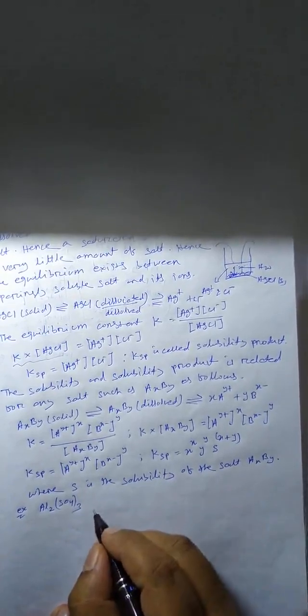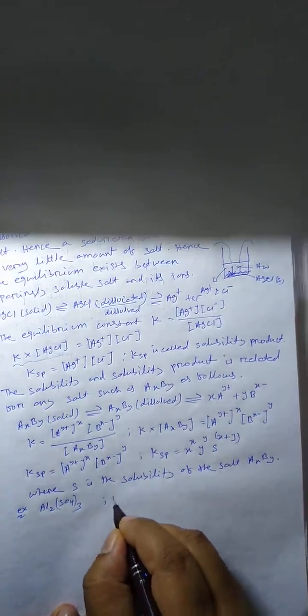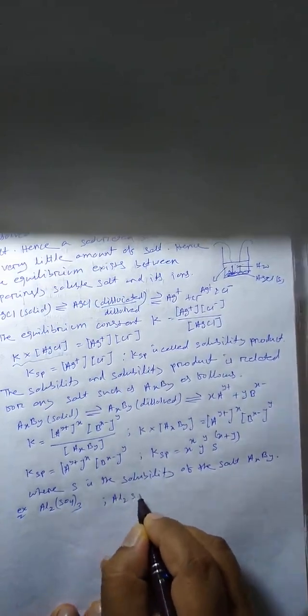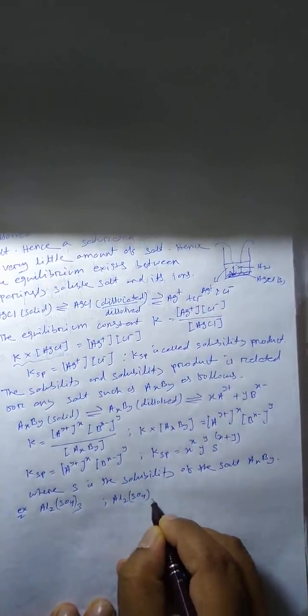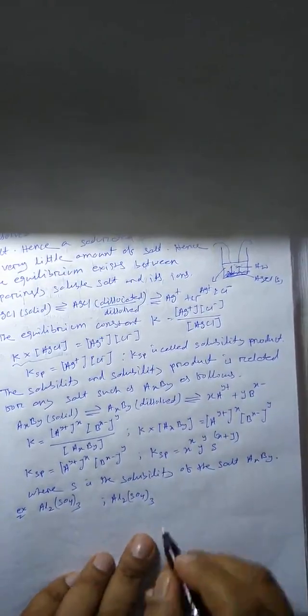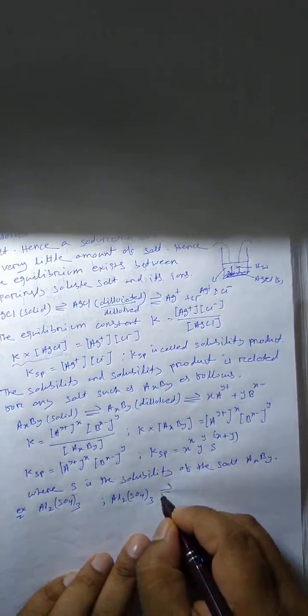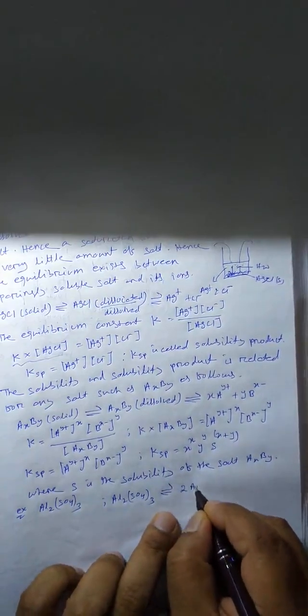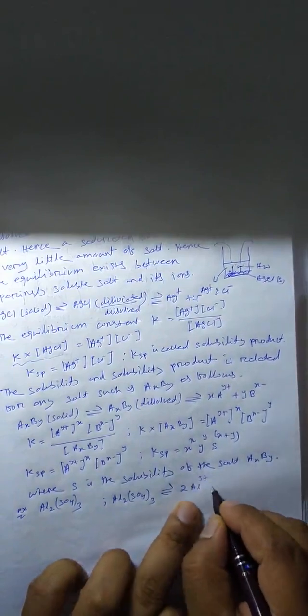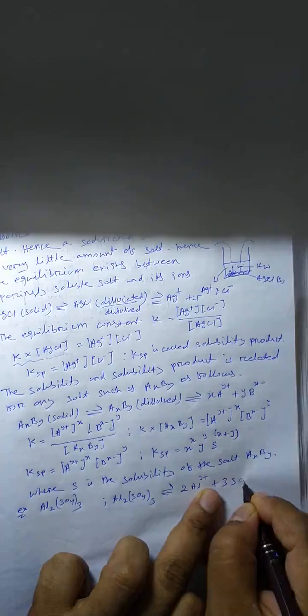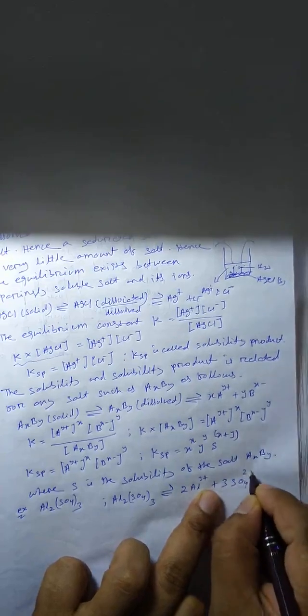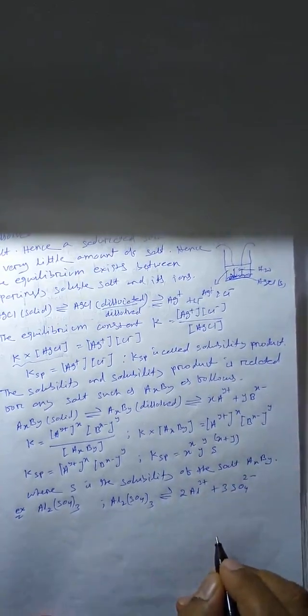How do we know? We have to take Al2(SO4)3 solid. When you dissolve it, we get 2Al3 plus and 3SO4 2 minus.